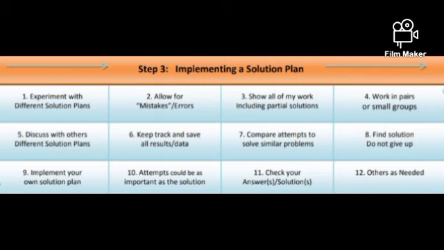And aside from the strategies that are enumerated in this diagram, you may apply, as you need them, other strategies that you know about and that can help you implement a solution plan.